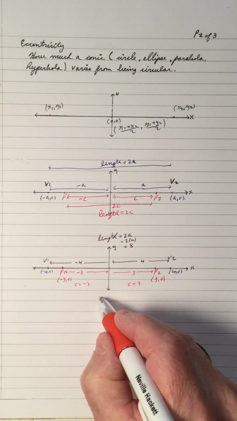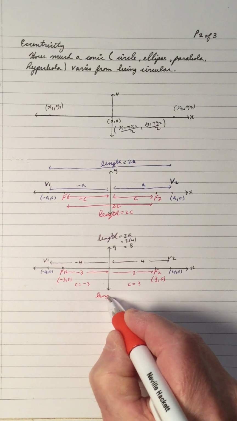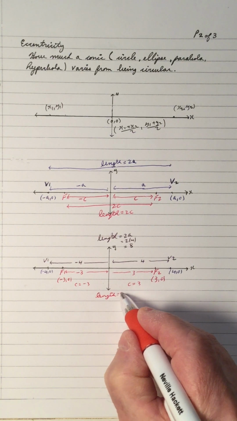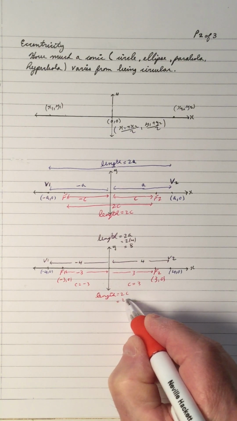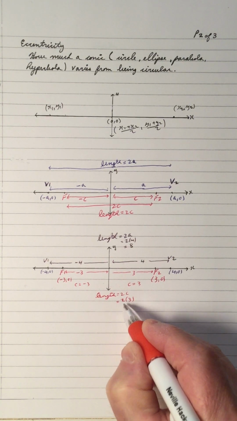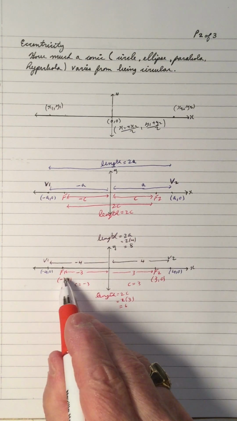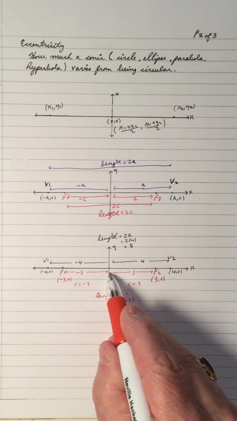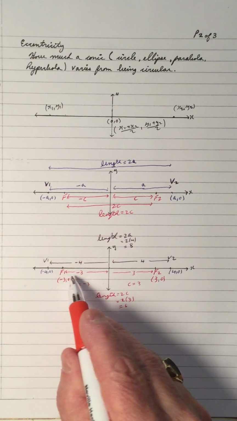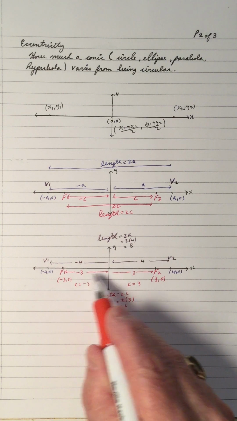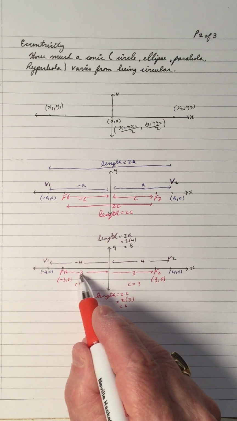So the length of the segment joining the foci is 2 times C. So that's 2 times 3. So this distance from this foci here to here is 3, and 3 makes 6. Again, when you're doing distances, you can't say 3 plus negative 3 is 0. You have to do the absolute value.